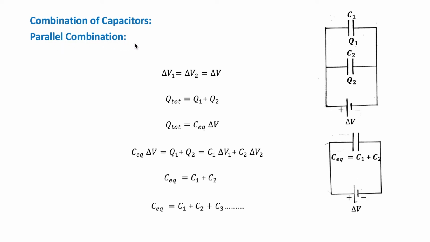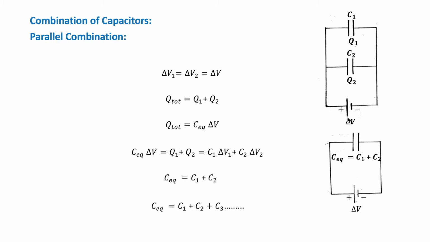So, for parallel combination here, as you can see. But first note that in circuit diagrams, a capacitor is represented by this symbol, and a battery is represented by this symbol, which shows that the positive terminal of a battery is at a higher potential than the negative terminal, and this is represented by a longer line, okay?